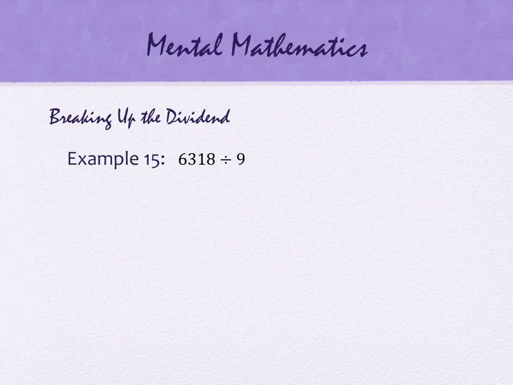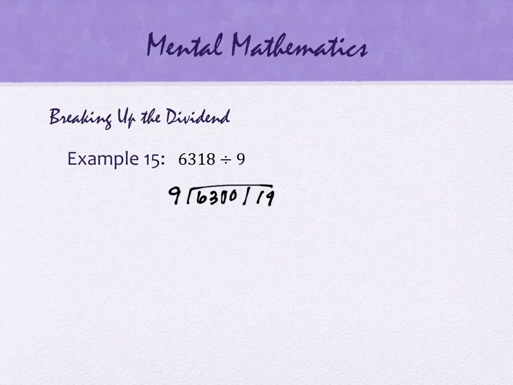Breaking up the dividend. This is another one. So this number says 6,318 divided by 9. The idea would be that we take the 6,300 and the 18 and we divide each by 9. So 6,300 divides very nicely by 9 if you know your multiplication tables.